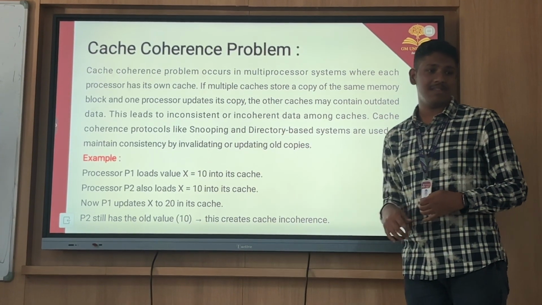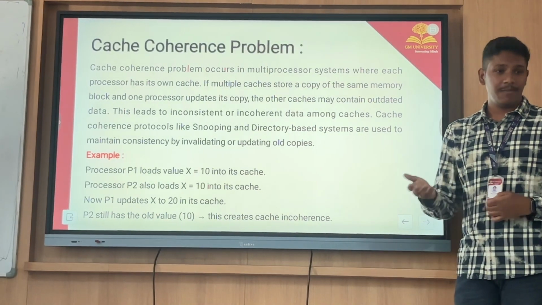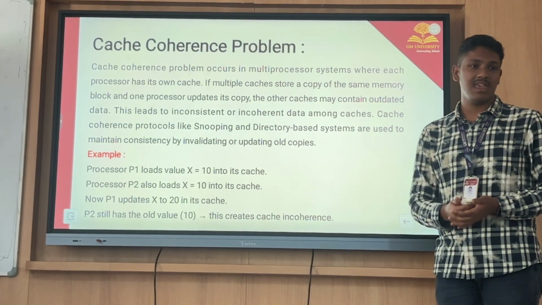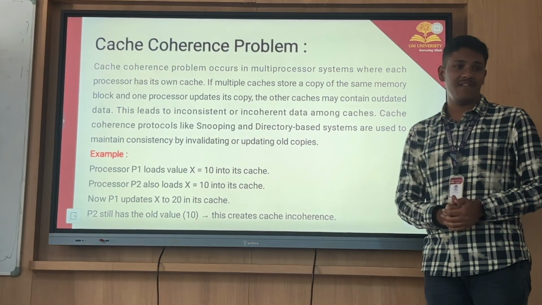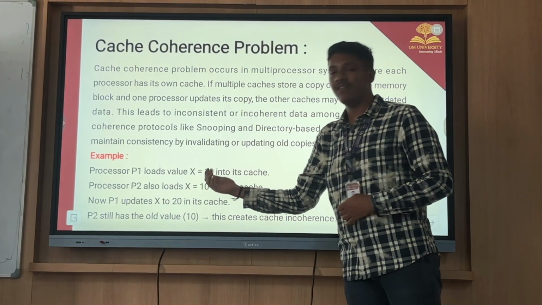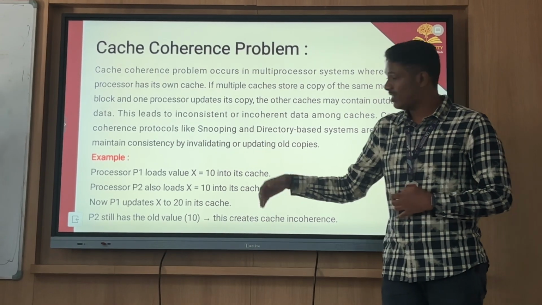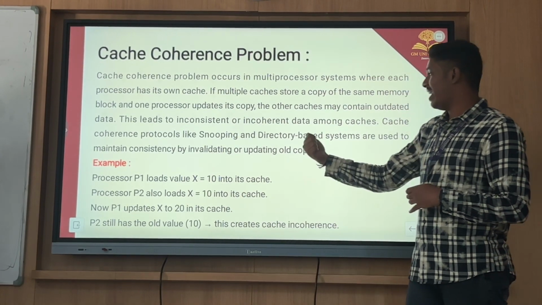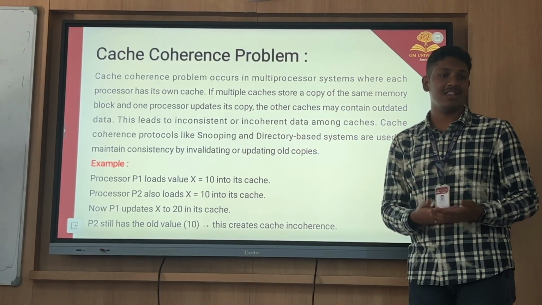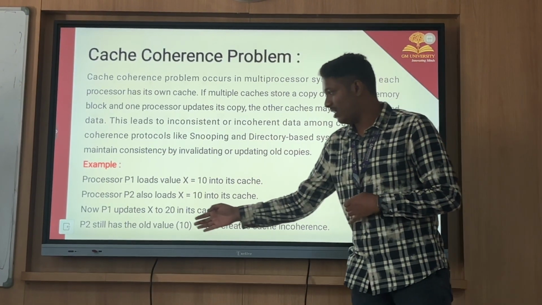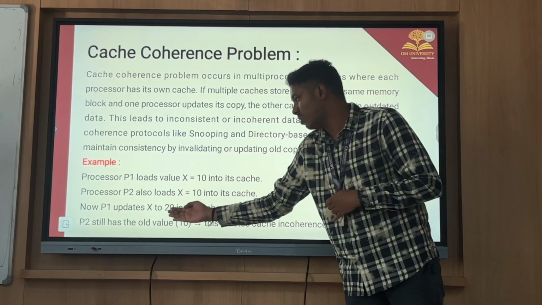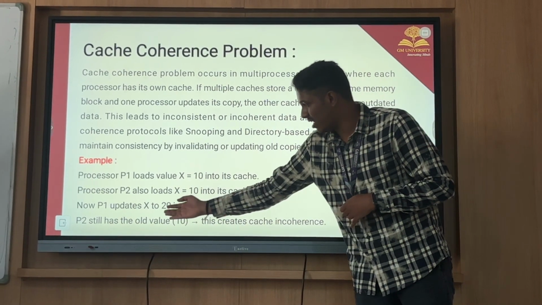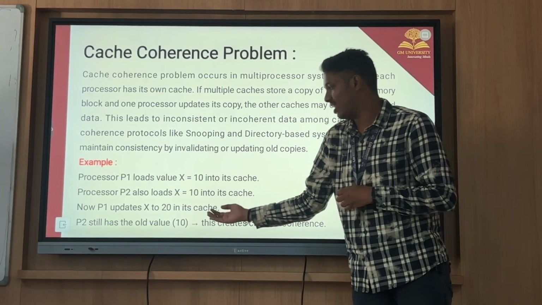In directory based systems, protocols such as MSI keep track of the memory spaces and keep updating the memory values. For example, if processor 1 has load 1 in its cache and processor 2 also has load 2, directory based protocols like MSI will update processor 1 to the updated level, like 20 in its cache.